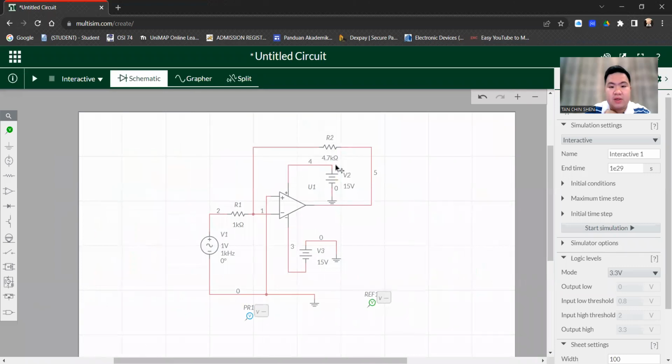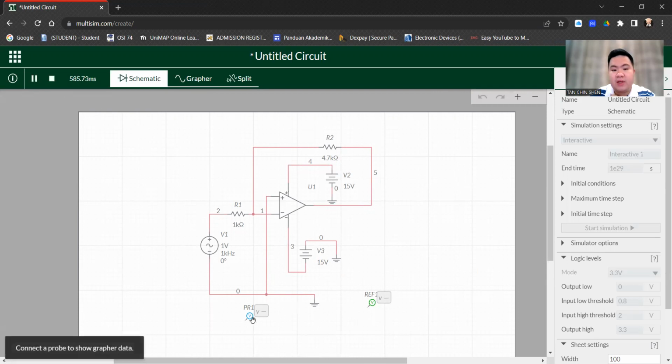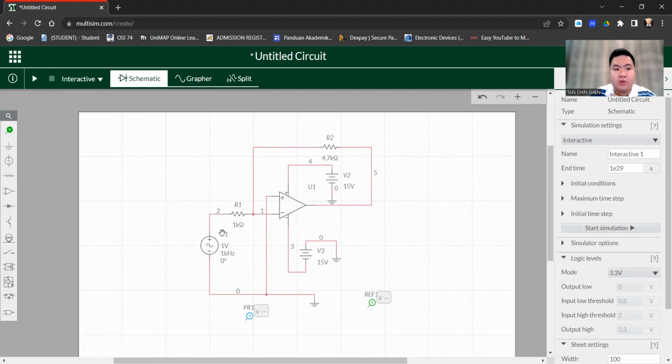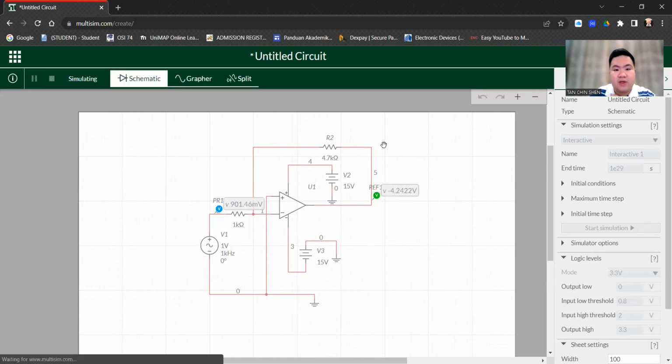We set the resistor RF to 4.7K and my RI is 1 kilo ohm. Then I start to run, but I cannot get a result because I didn't place the voltage probe. So now I put probes for Vin and Vout, and I will get the output result.